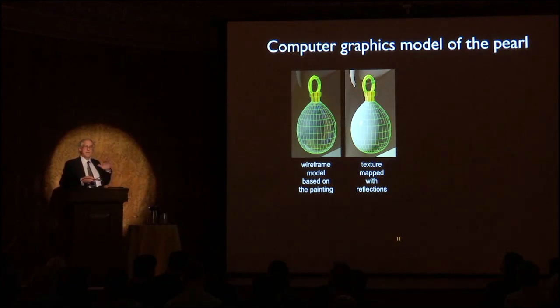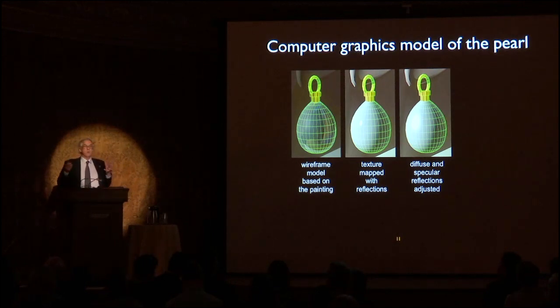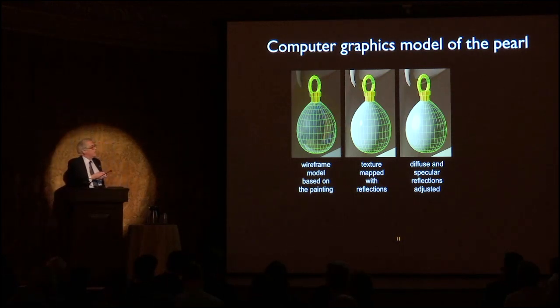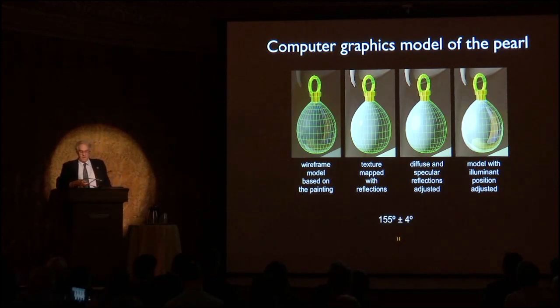And a pearl has a specular or mirror-like reflection, so you have to adjust by eye the relative components of the diffuse reflection and the highlight reflection. And now in our computer model, we can put the light wherever we want in order to render the pearl, the digital pearl, so that it matches that in the painting as closely as possible. And then we have an estimate of the direction of the illumination. And that turns out to be 155 plus or minus 4 degrees.